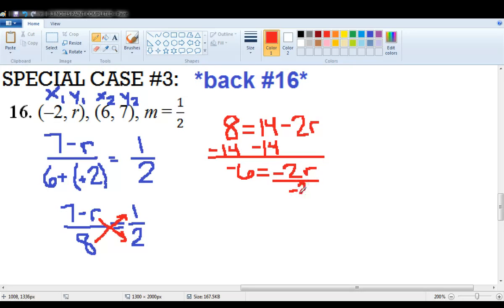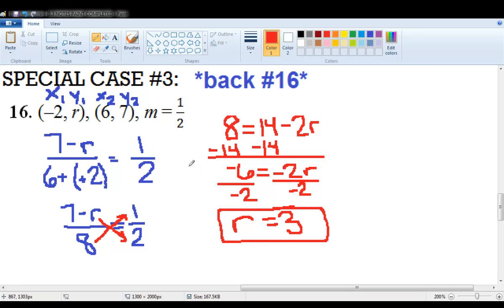And dividing by -2, you get r equals +3. So that is not the slope. That is the value that you would need to plug in for y that would make this thing work out. Okay, so we were solving for the missing letter.